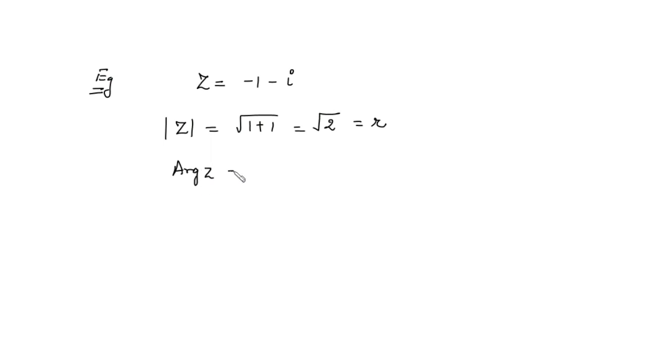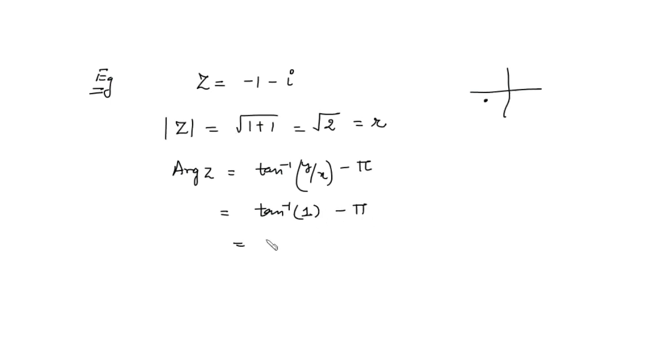The principal argument of z in this case, since this point lies in the third quadrant, will be tan inverse y upon x minus π. So this is tan inverse of minus 1 upon minus 1, which is 1, minus π. So π by 4 minus π, that means minus 3π by 4. So this is the value of the principal argument.